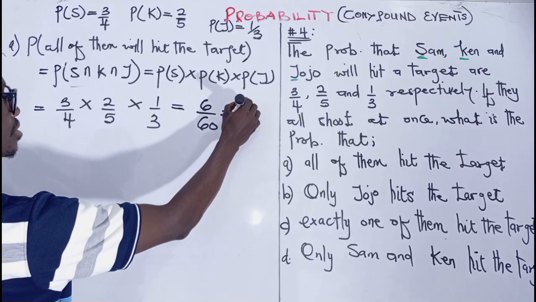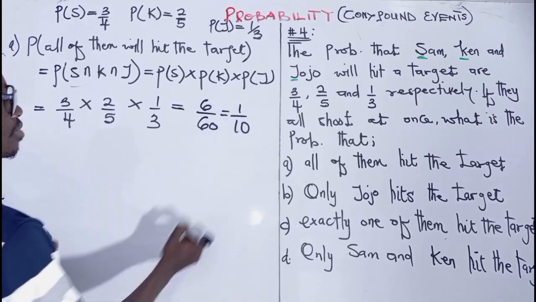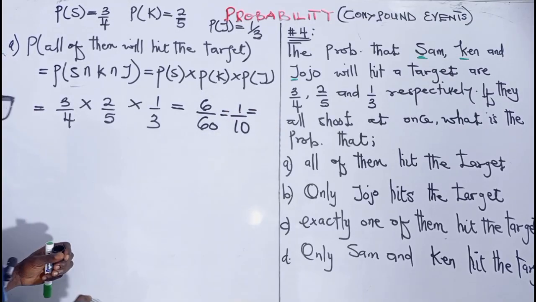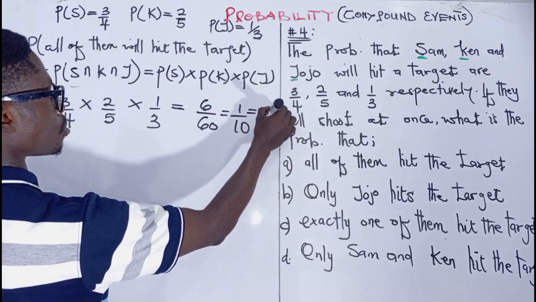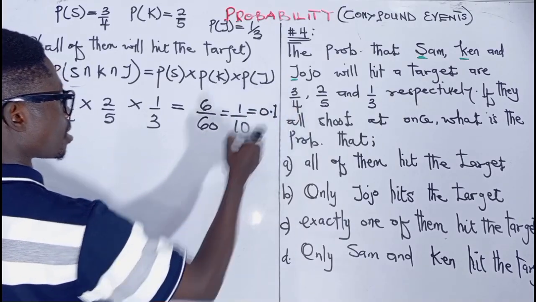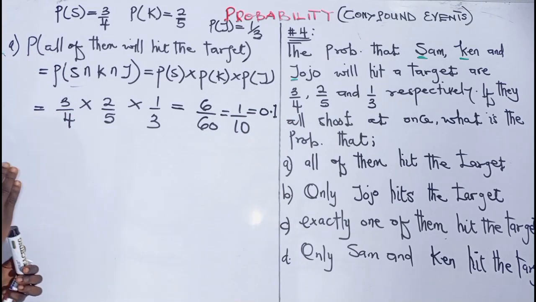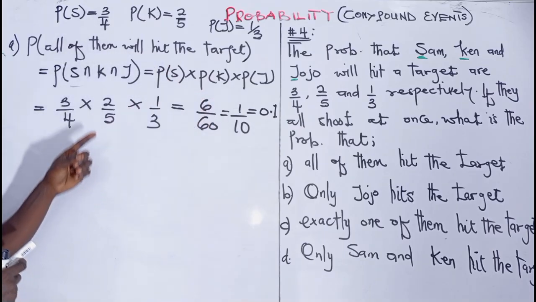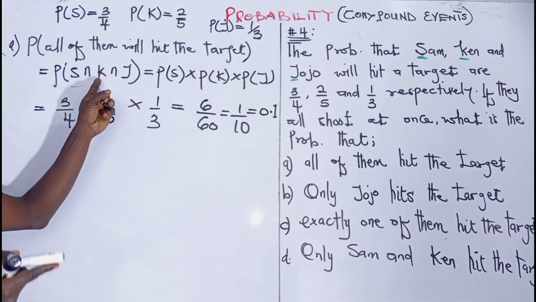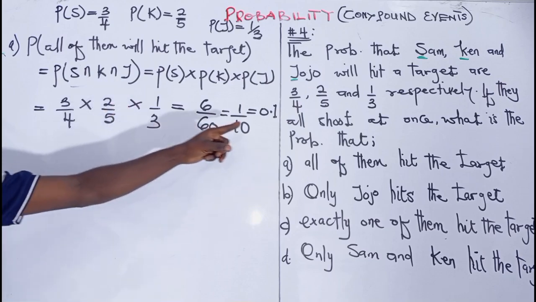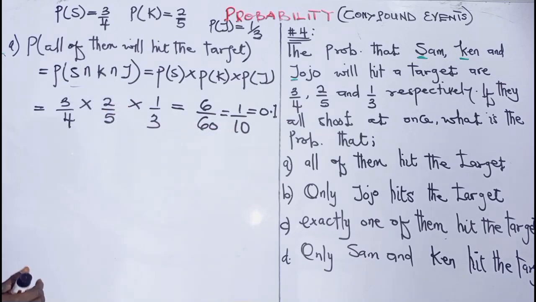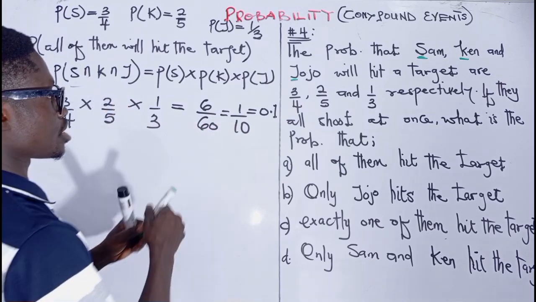When you break it down, you are going to get 1 all over 10, and you can convert it to decimal to give us 0.1. So the probability that Sam, Ken, and Jojo will all hit the target is 1/10. Very, very easy and simple.